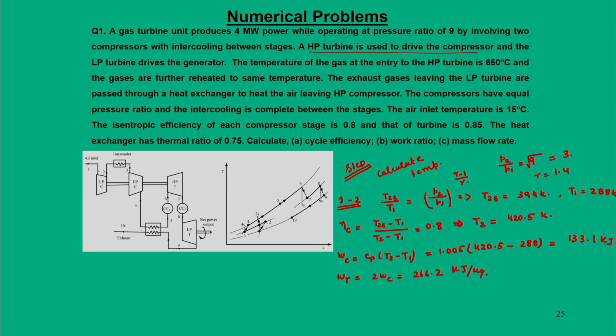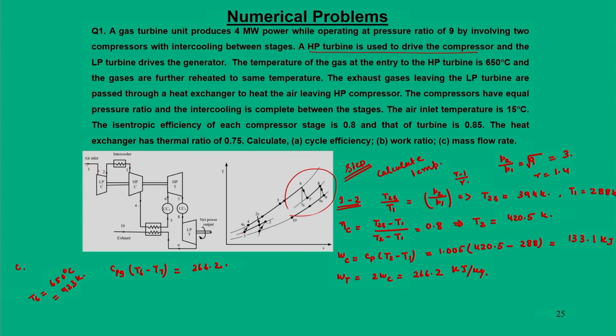Now that we have the turbine work, let us come back to the turbine side of the cycle. From the turbine side we can write Cpg into T6 minus T7 is equal to 266.2. What we know is T6: 650 degree centigrade, which is nothing but 923 Kelvin.